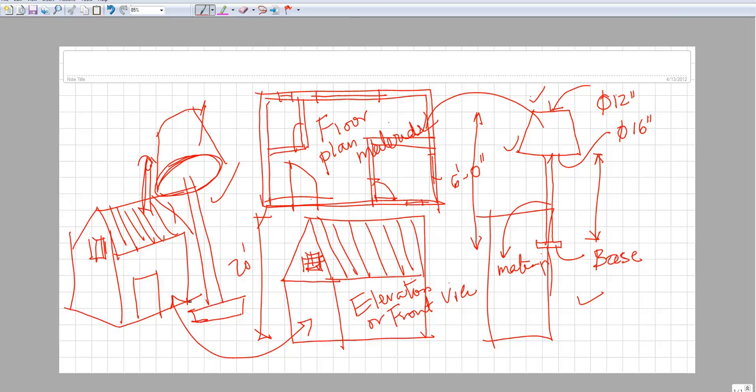So if I do my dimensions in this drawing like this, and on this drawing I'm doing the dimension like that, did I follow the standard? No, I didn't follow the standard that's used for dimensioning like you see here. All I did was put some numbers. Now the contractor gets confused as to what this number is for.